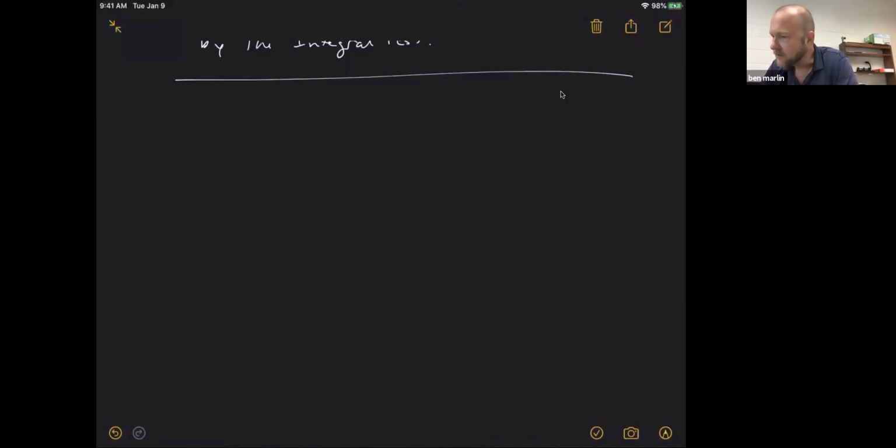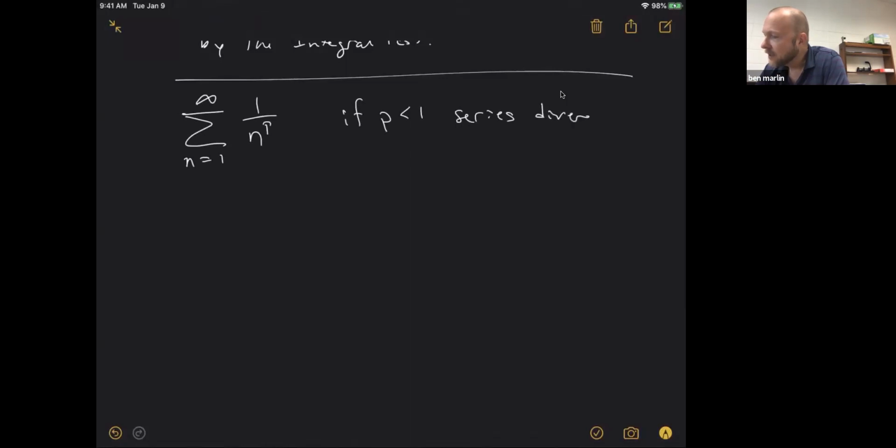And that is that if you have a summation n equals 1 to infinity, 1 over n to some positive power, okay, then if that p is less than 1, the series diverges.